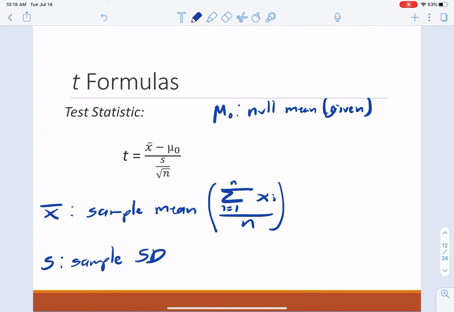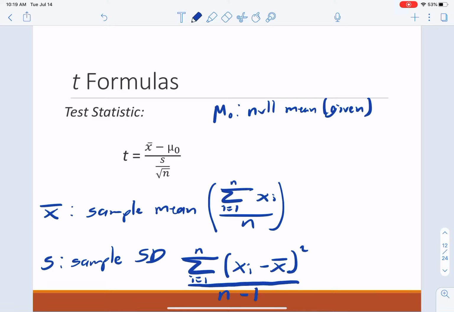We've seen it before, but it's just the sum from the first thing to the last thing of the xi's minus the mean, squared. Hold on, I'm not done, because this is all divided by n minus 1. And I'm still not done, because this is all underneath the square root sign.